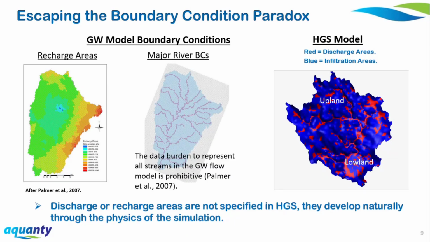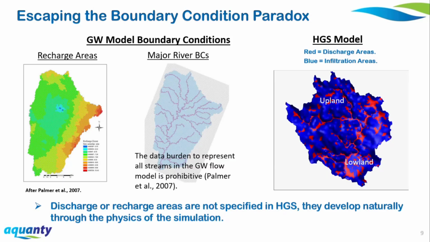On the left, I have an example from literature of boundary conditions set up for a MODFLOW model. Very typical recharge areas are shown in the leftmost figure, and in the middle are the river boundary conditions. It's of note that the authors specifically mentioned that it would be prohibitive to include all river boundary conditions, like all discharge areas, in the model.